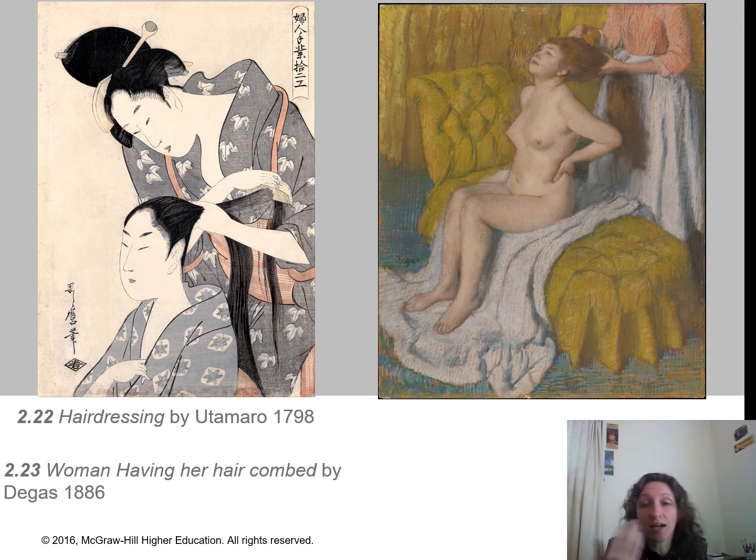They're very stylized, but in very different ways. So just so you guys know, the artwork by Utamaro directly influenced the artwork by Degas. In 1886, Degas would have had access to a print of this, which at the time would have been a 100-year-old Japanese artwork.